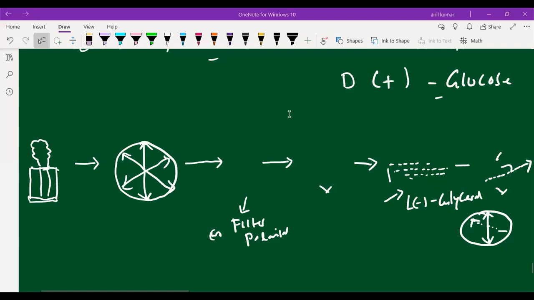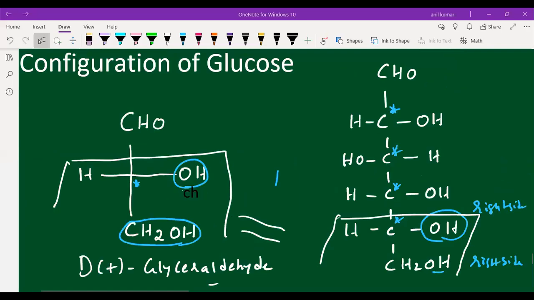In the last class we discussed the structure. Now in today's class, we have assigned the structure D plus glucose. Fine, students. Now let us go to the next topic, that is the cyclic structure of glucose.